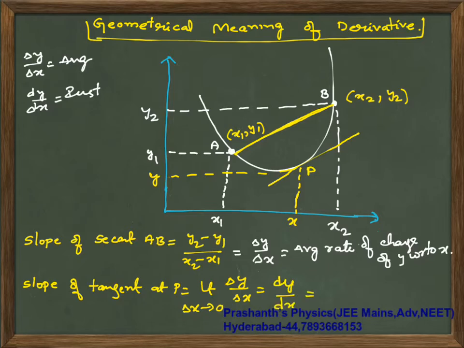So geometrically, dy by dx, the instantaneous rate of change of y with respect to x, is indicating the slope of the tangent.